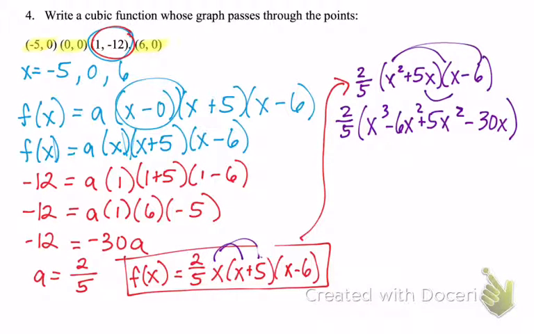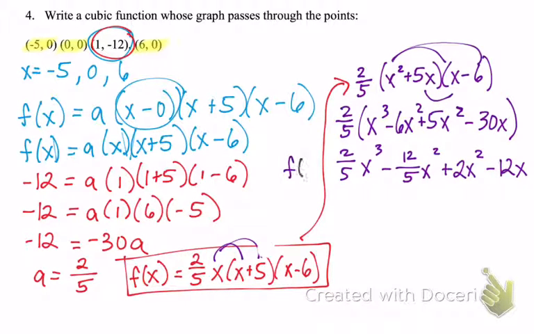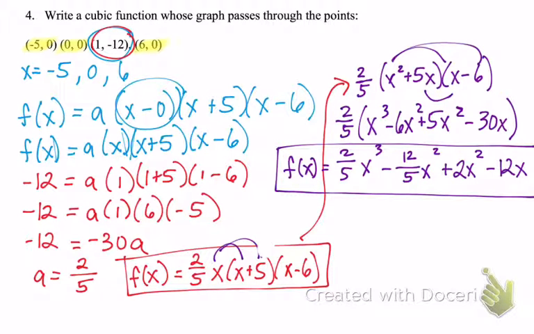Then I distribute the 2/5. So 2/5 x cubed minus 12/5 x squared plus 2x squared minus 12x. So f of x equals... And this would be in standard form, this would be in factored form.